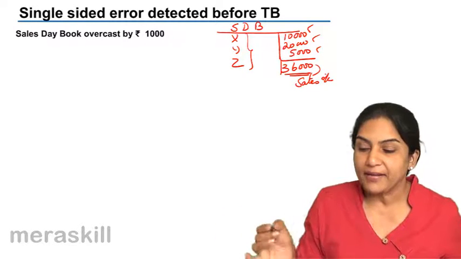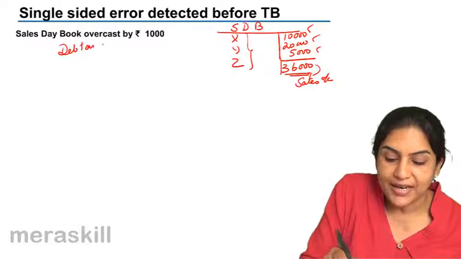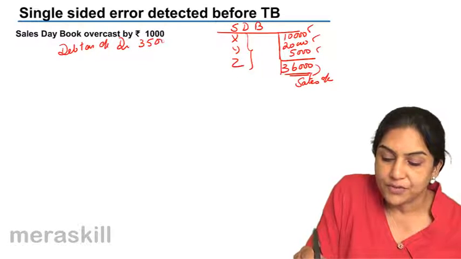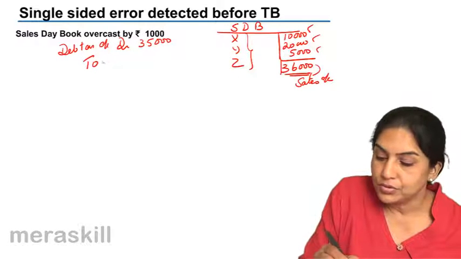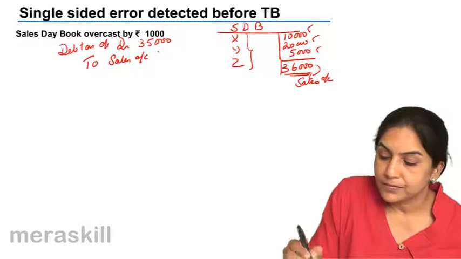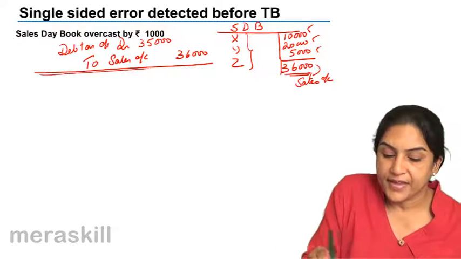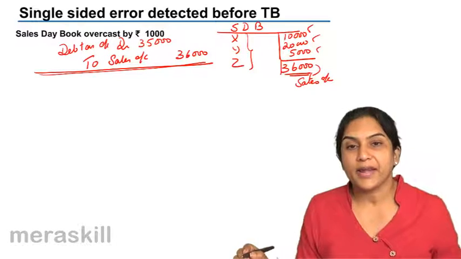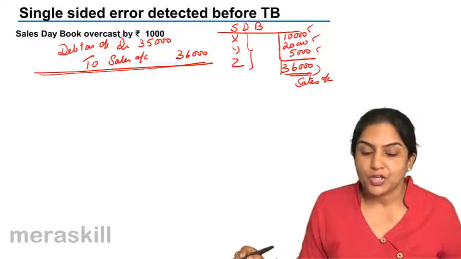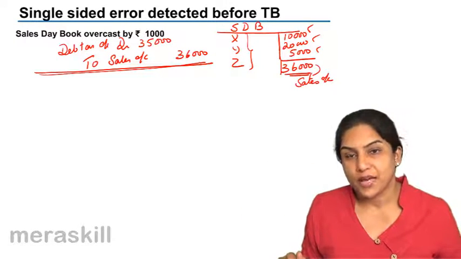Basically, the wrong entry that they have passed, if you notice, I am not taking separately, I am just saying debtors account debit, let us say they will get 35,000, to sales account. This is the error that they have made. This is the wrong entry that they have passed. So basically what we need to do is to rectify the sales account, bring it down by 1,000.